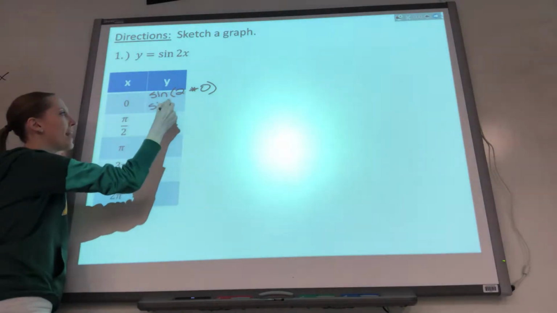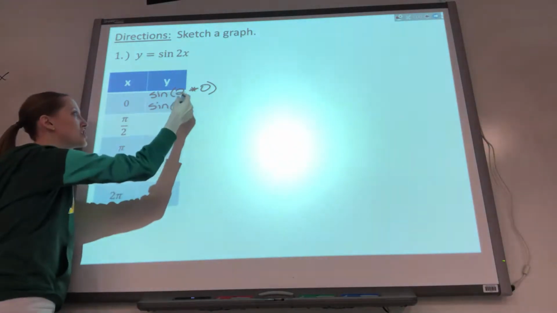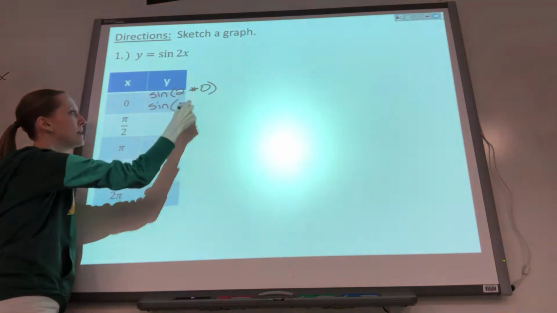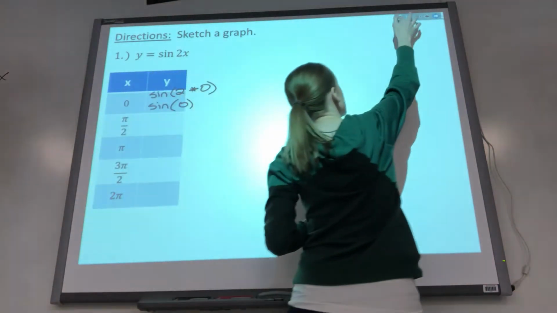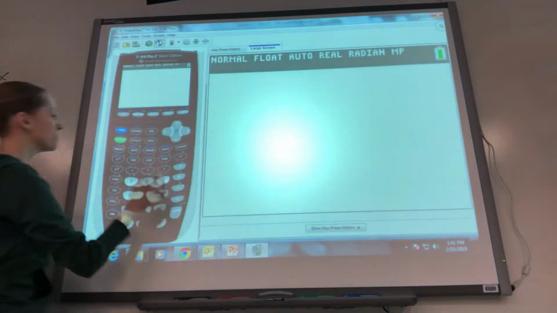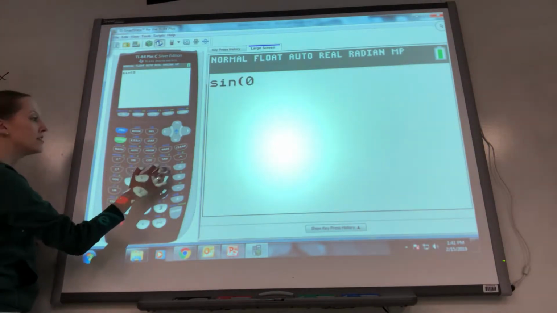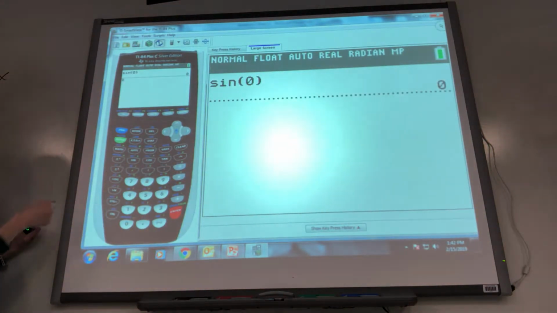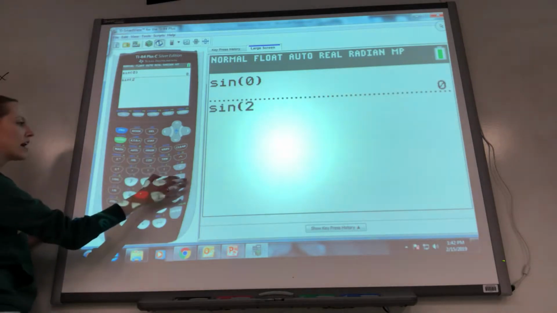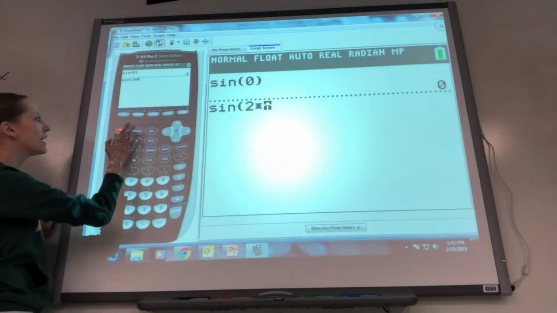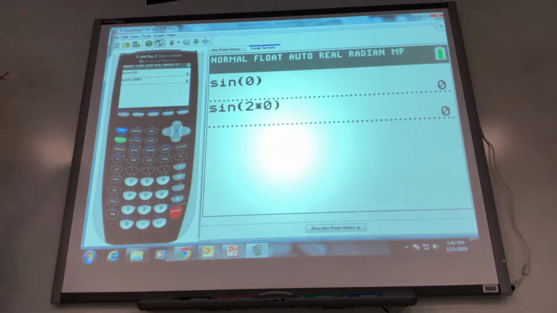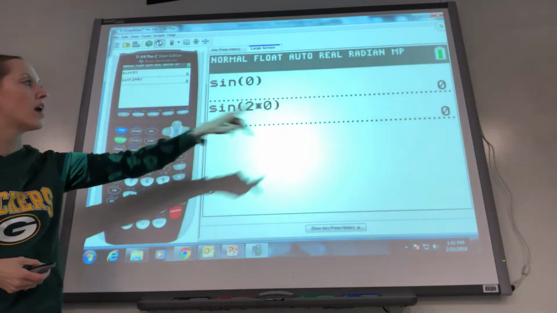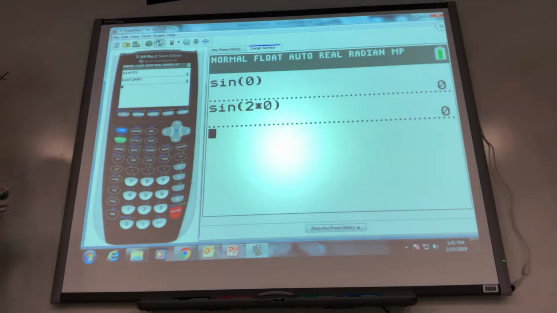Or you can go ahead and multiply the 2 and the 0, which is basically sine of 0. Either way, we should get back the same y. If you kept the 2 there, again, you get back the y value of 0.